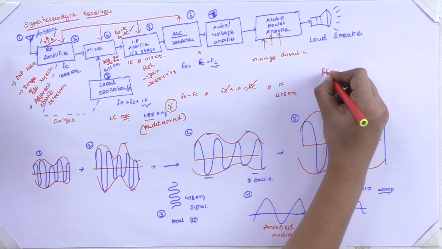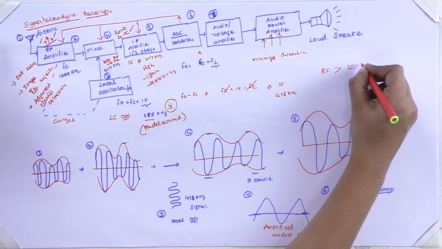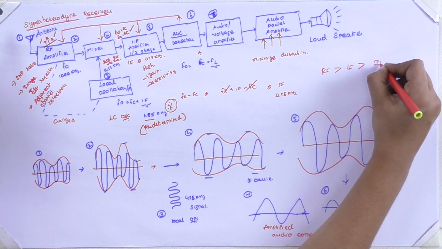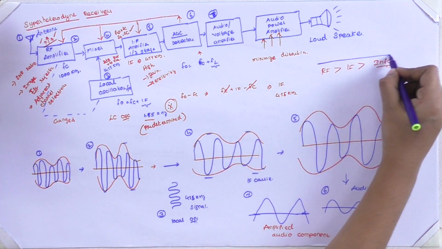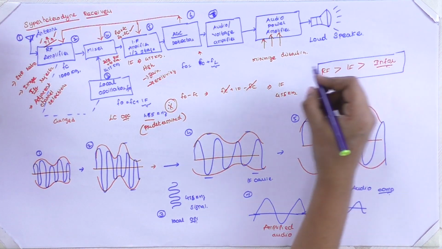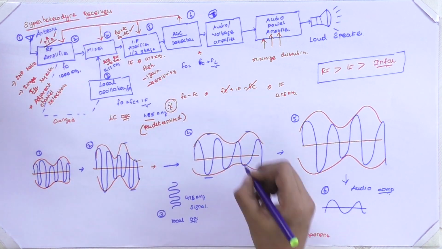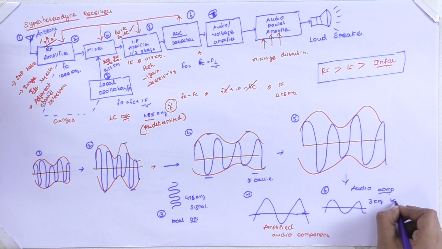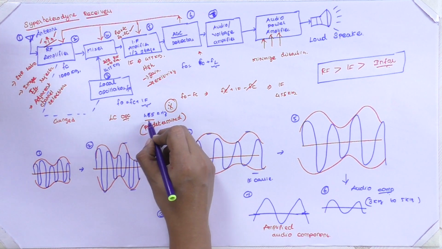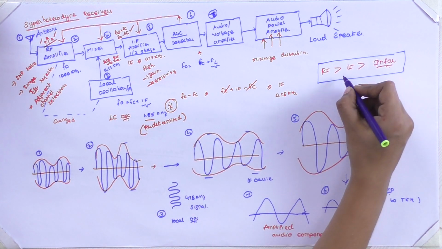Here our RF frequency is greater than the intermediate frequency. The intermediate frequency should always be greater than our information signal. We have to keep this in mind, because an audio information signal mostly has values from 3 kilohertz to 10 kilohertz, less than that. That is why we always have a low intermediate frequency of 455 kilohertz.